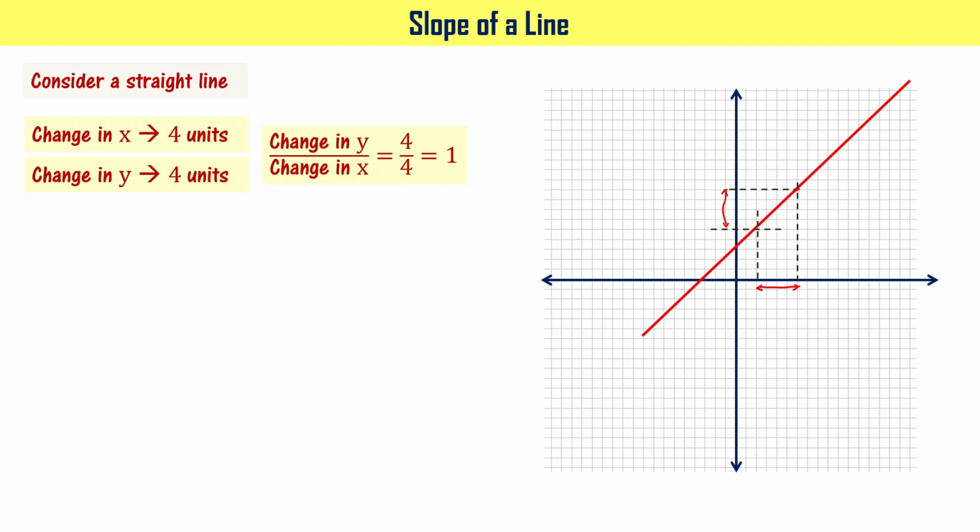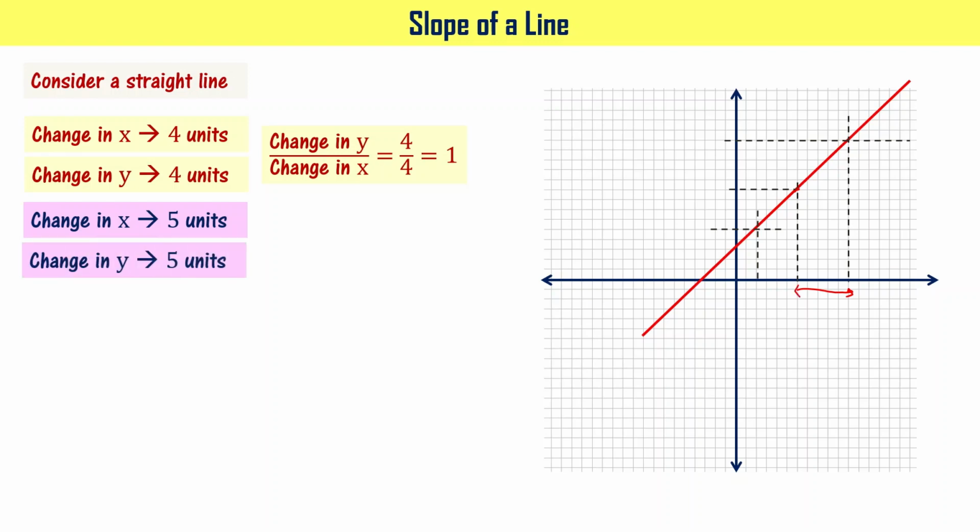Now let me mark another point. And if you observe the change in x units, change in x for this particular one is 5 units. Similarly, you have change in y also 5 units. So change in y by change in x is again 1, right? Now let me mark another point.